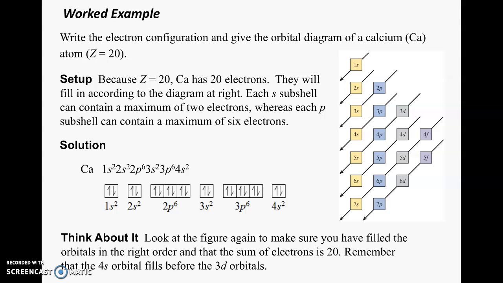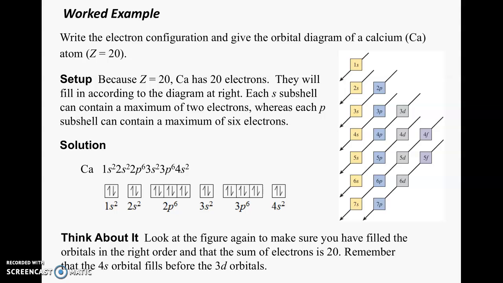So there are 2 ways to write this. One is a shorthand under the solution where it says calcium. And the other is to draw the boxes that represent these electrons. It takes a little bit more time, but I think it might be a bit more instructive. So we can put 2 electrons spin paired into the 1s2. Next, they go into the 2s2.